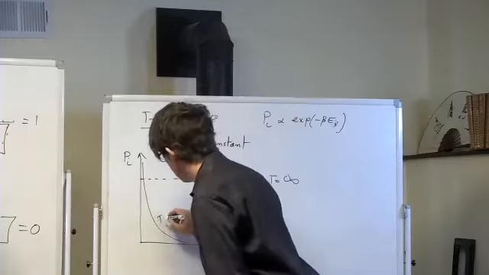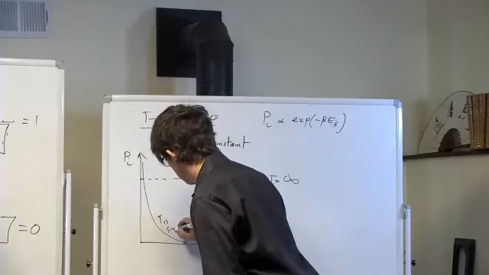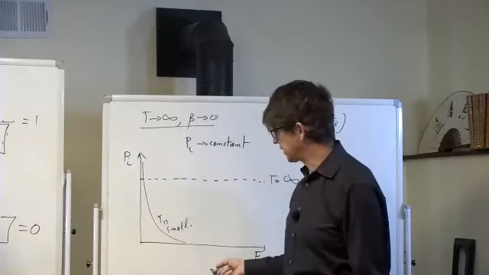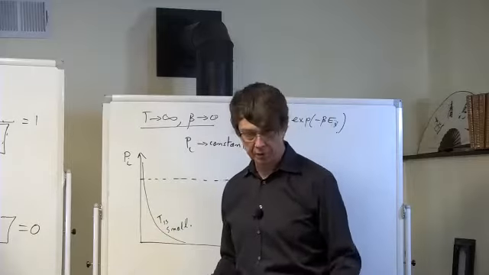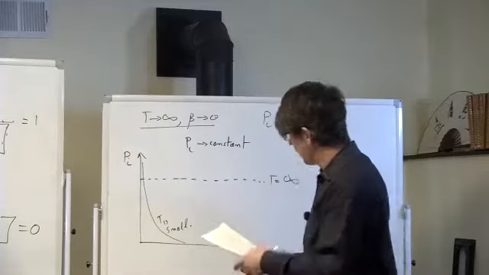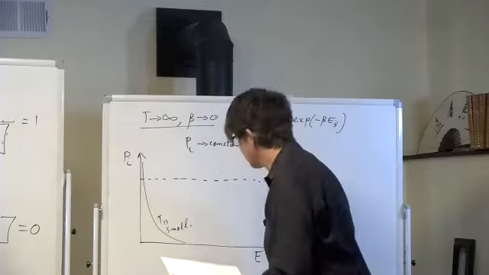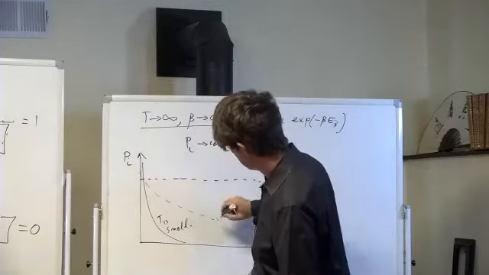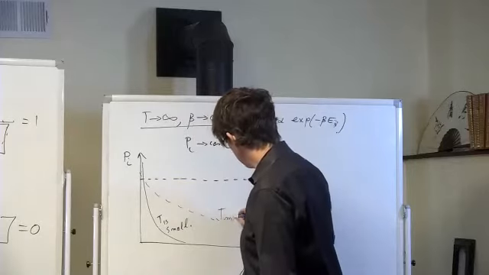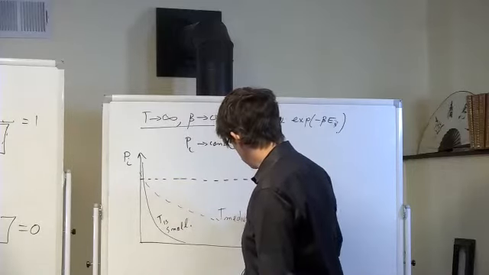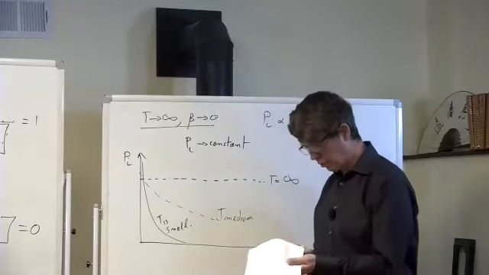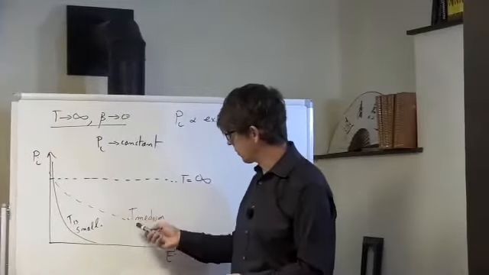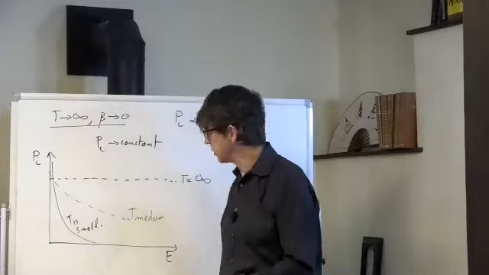So this is T equals small. And of course, as T goes to 0, this becomes a delta function at the lowest energy. And in between, T medium, that's about the vaguest definition there is, you start to reach higher energy states, but with less probability than the lower energy states.